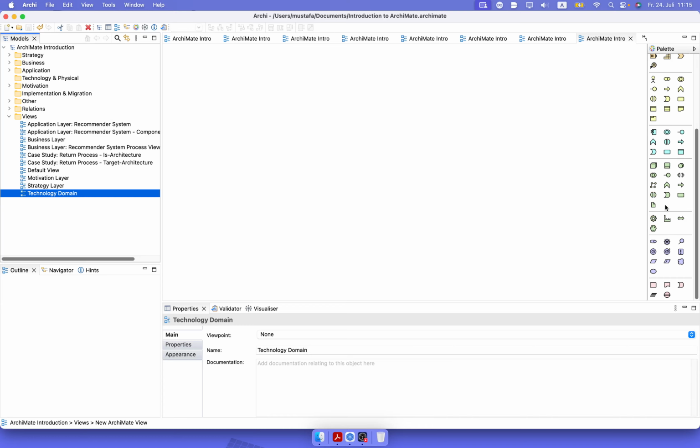The technology domain is more about the nodes, the devices, and the network. The physical domain is more about the facilities, the material, and the equipment, and the paths, routes connecting them, or distribution network. Here you can see we have a communication network. Here is more of a physical network.